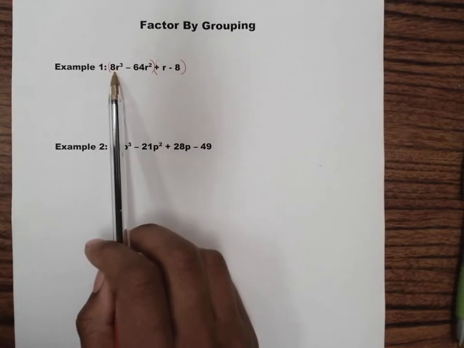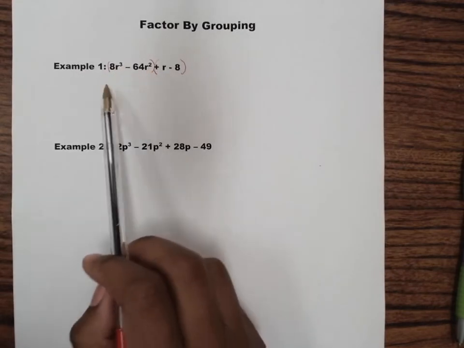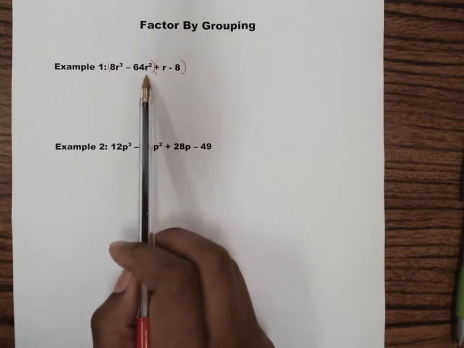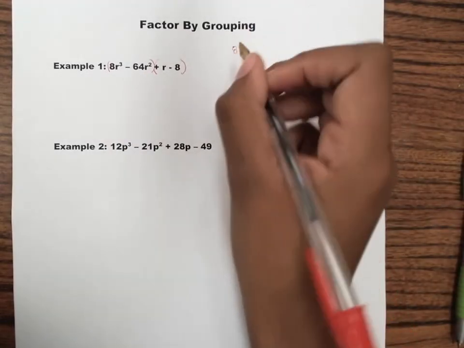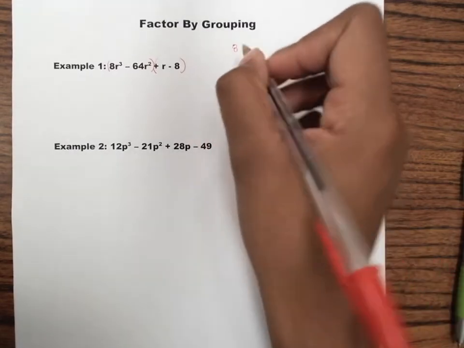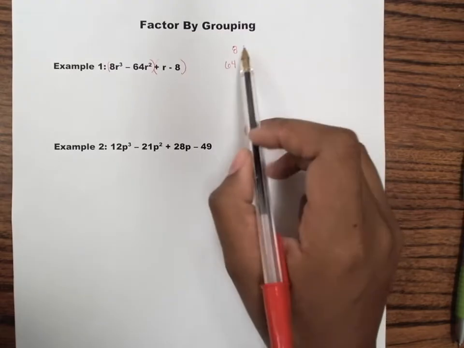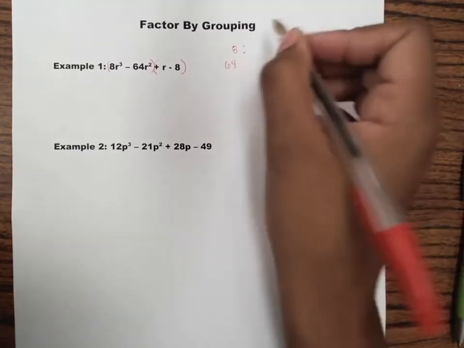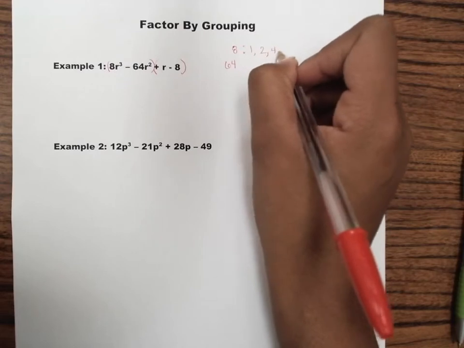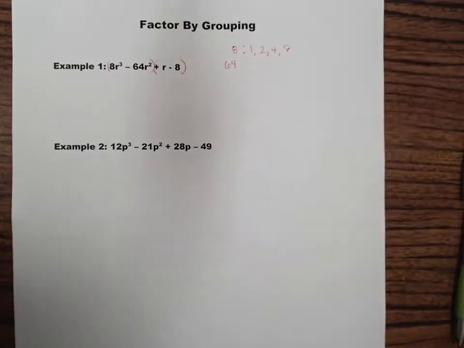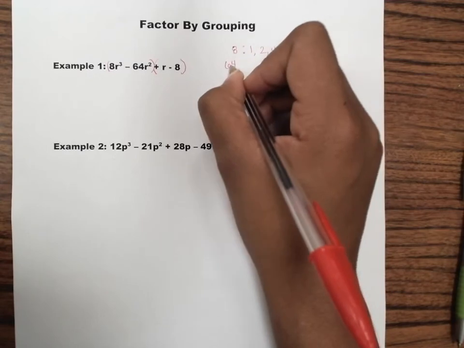So with the first group, 8r cubed minus 64r squared, my goal is to factor out the GCF of the first two. So I have the 8 and the 64, and I want to find the GCF of 8 and 64. I know the factors of 8 are 1, 2, 4, and 8, and then the factors of 64.